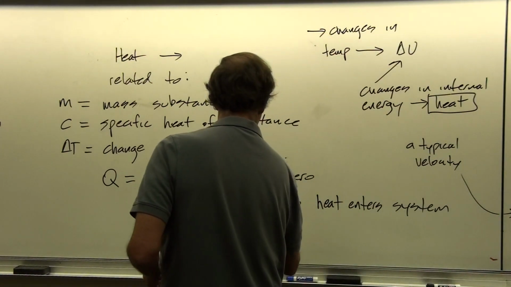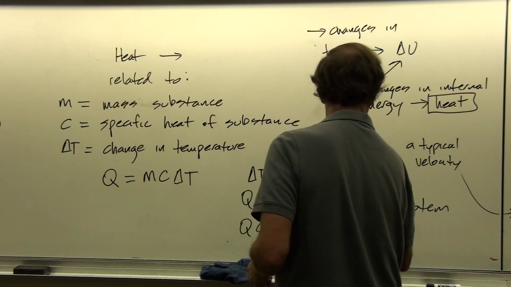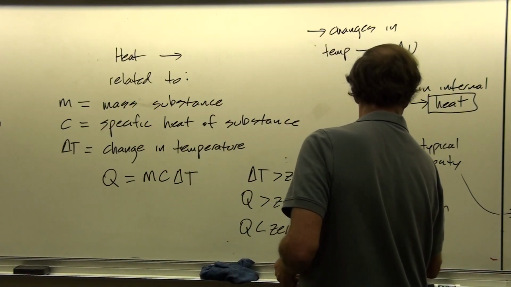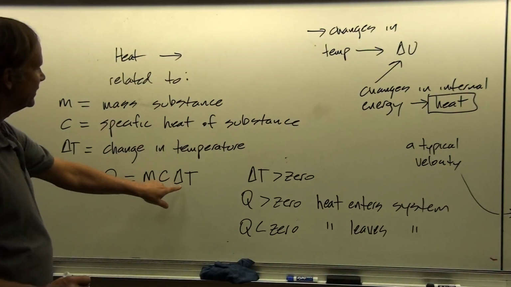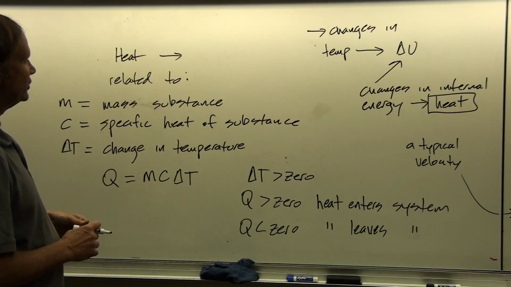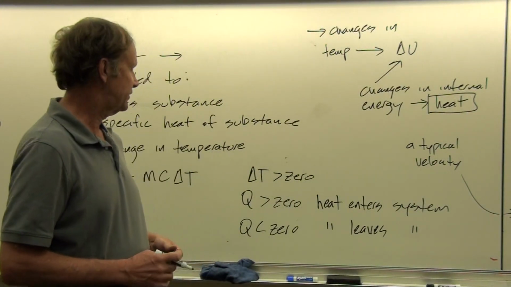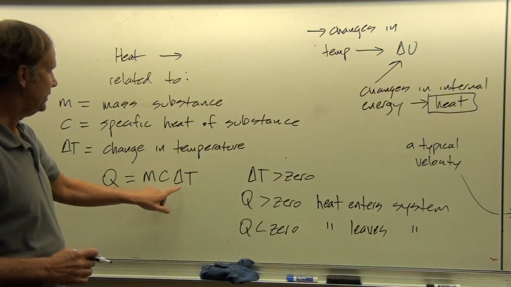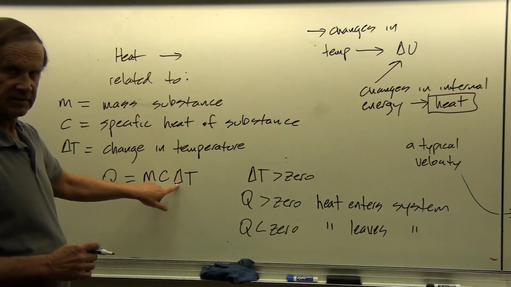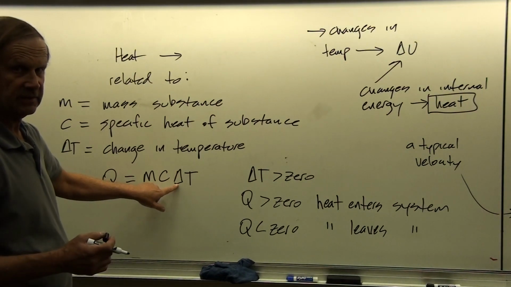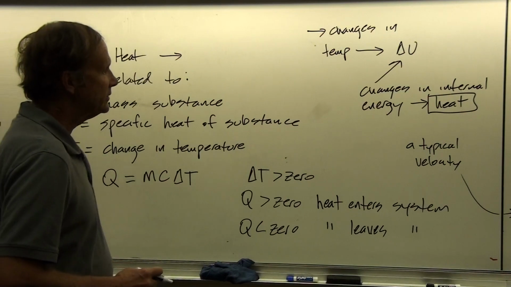However, if Q is less than 0, that means that heat leaves the system. Okay, so if heat is leaving the system, it cools off. That means the change in temperature is negative, because if this thing is cooling off, T final will be less than T initial. Then T final minus T initial would be negative.